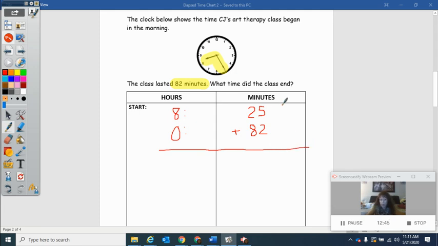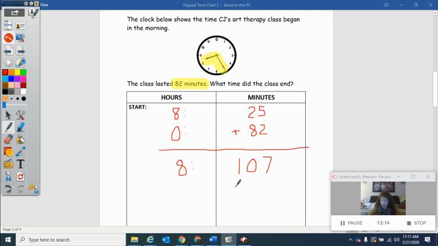Okay, so let me go ahead and add 25 plus 82. I'm adding up my minutes. So 5 plus 2 is 7. 2 plus 8 is 10. Okay. And my hours, I had 8, and I'm adding no hours to it, so it's still 8.